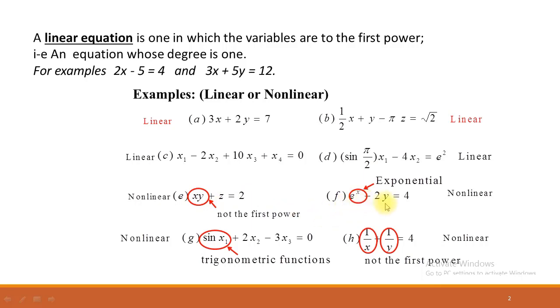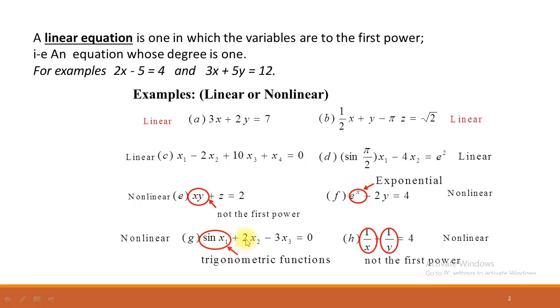Similarly, e^x minus 2y plus 4 is a non-linear equation because e^x is a transcendental function. This exponential function is a transcendental function, and due to the transcendental function this equation is non-linear. And similarly, sin x1, a trigonometric transcendental function, plus 2x2 minus 3x3.